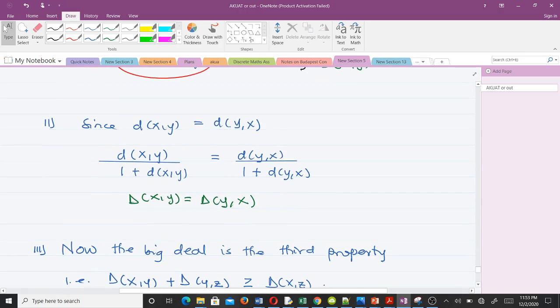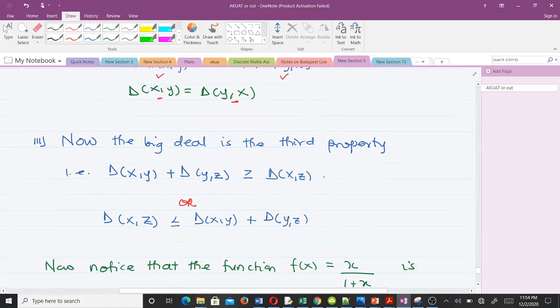Then in the second one, we have to show that the distance between x and y is equal to the distance between y and x. This is the same as that, meaning that the distance between x and y is the same as the distance between y and x.